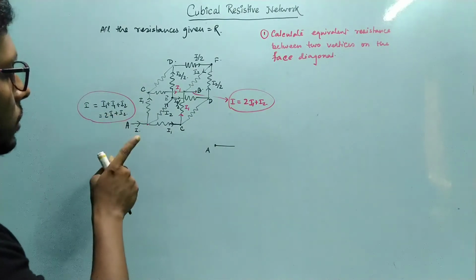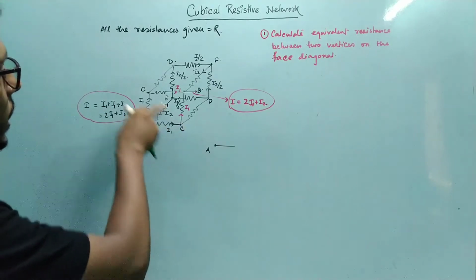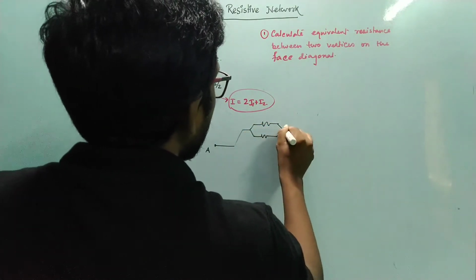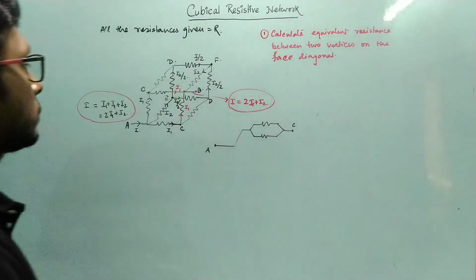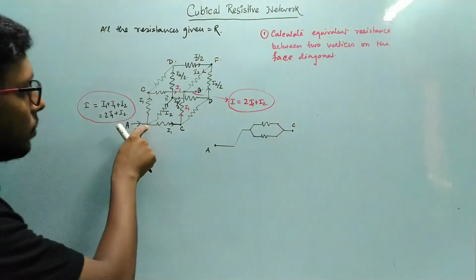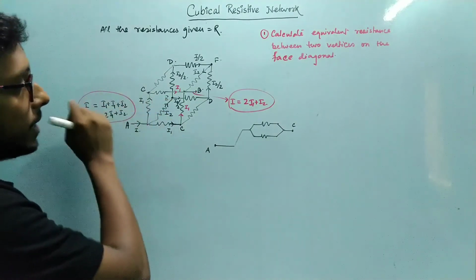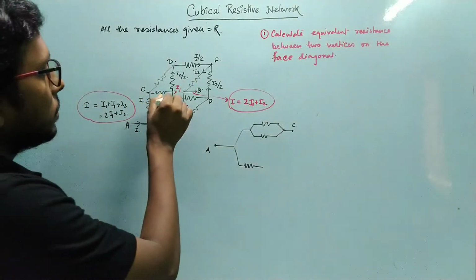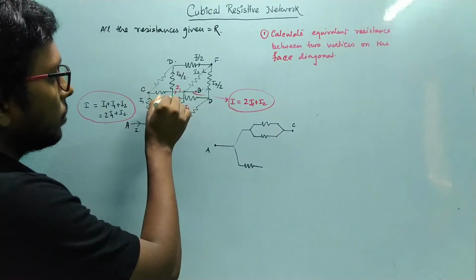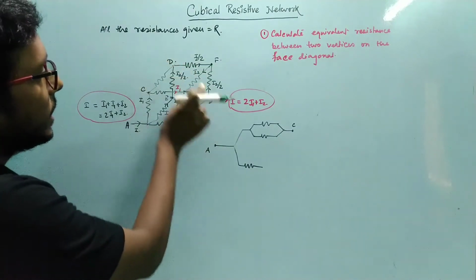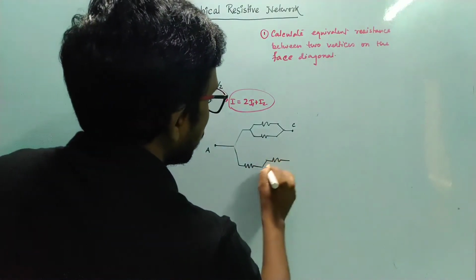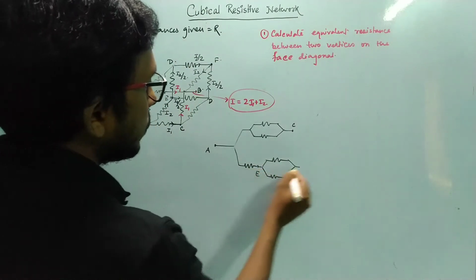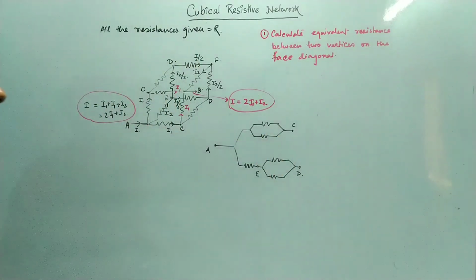From A terminal, you can see that there are two resistances which are ending at C. So this point is C. And from A, one resistance is ending at E. Now, from this E terminal, two resistances are going at D. So this point is my E and this point is my D. Okay.